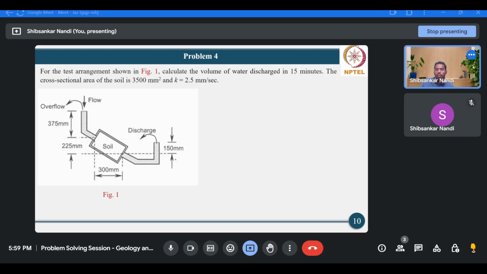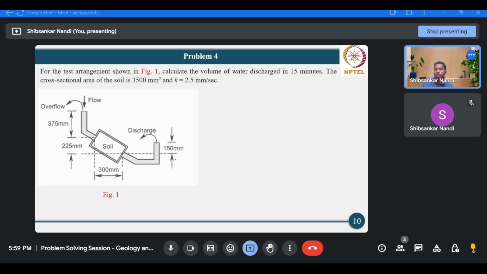So earlier in problem 1, the K value was not given, rather we had to determine the K value, where the volume of water collected over a specific duration of time was given. So it's an opposite, or reverse scenario to the problem formulated in question 1.